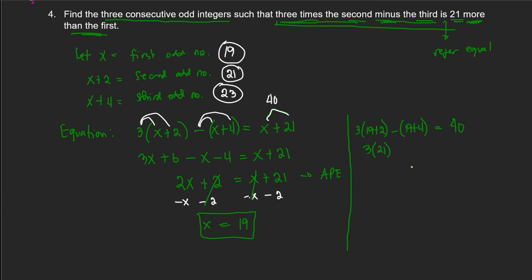You add first. So that is equal to 23, then equal to 40. So 3 times 21, that is equal to 63, while minus 23, that is equal to 40. So 63 minus 23, that is equal to 40. So this means ang solution natin is correct, which is equal to 40.